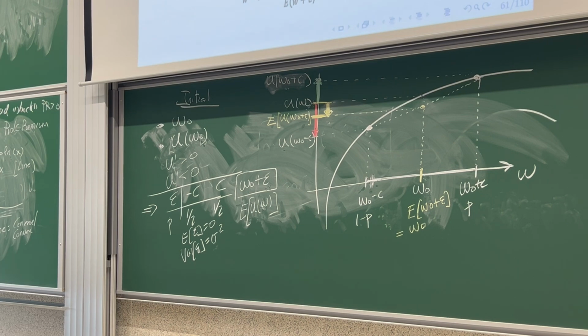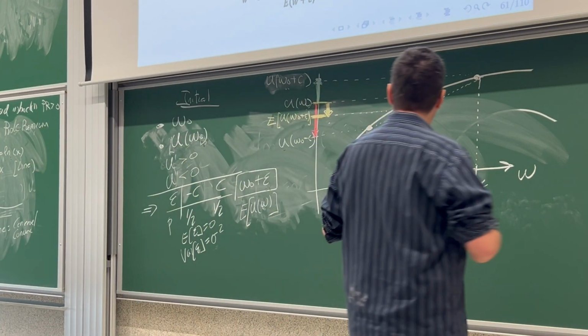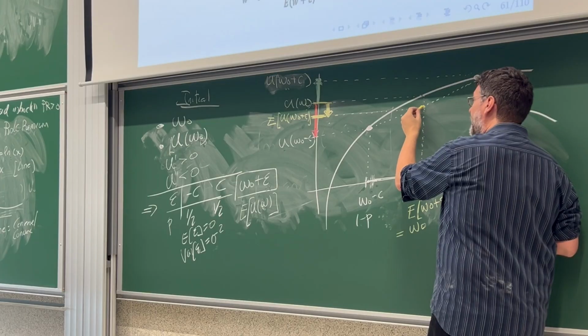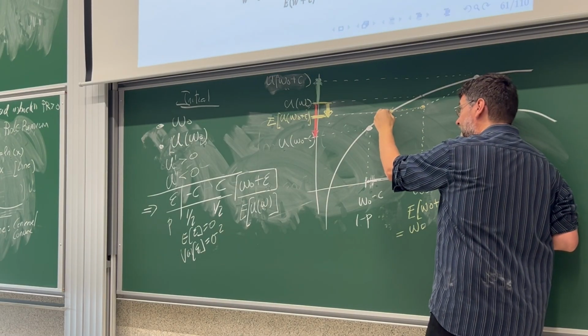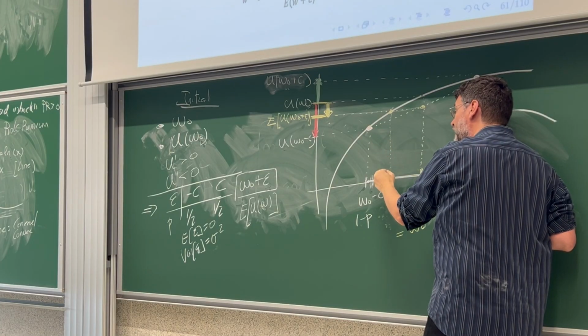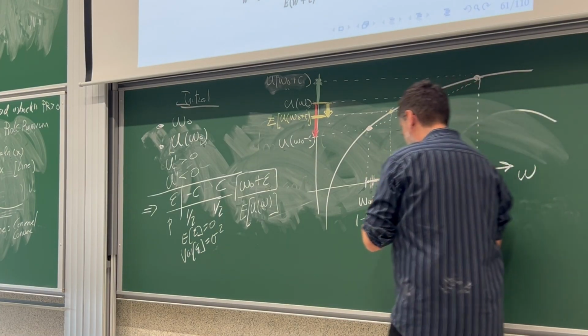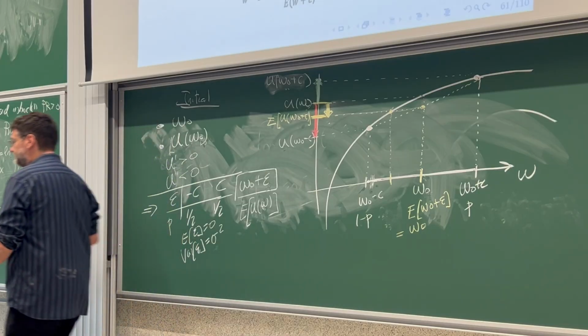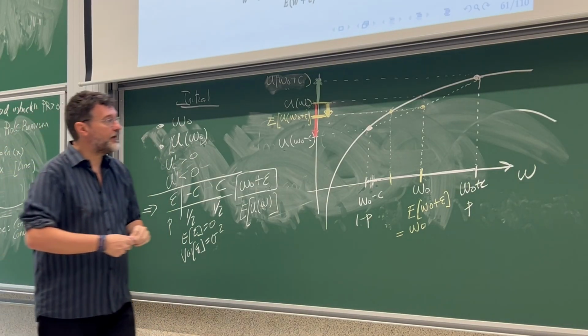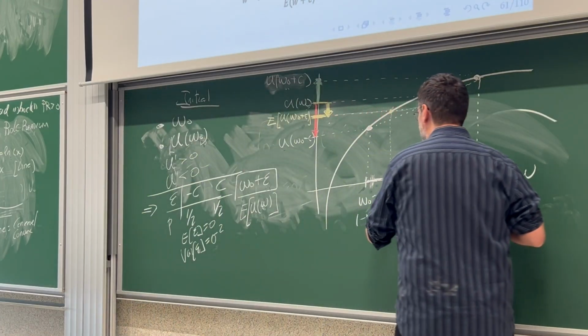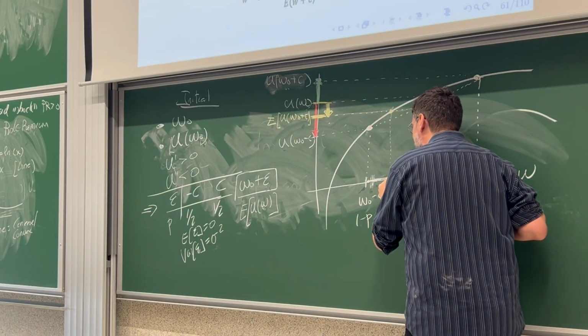And that gives me 2 new points to understand. If I go here, I see this point, right? And that takes me all the way down here. So let me use a different color. I am going all the way down to this amount. So let's call it omega star.